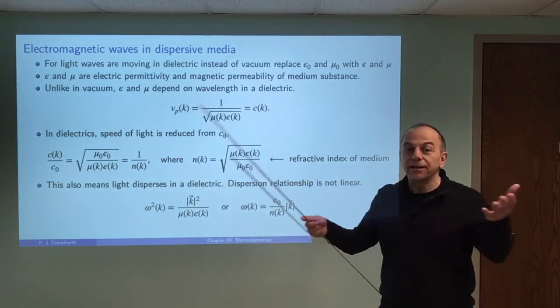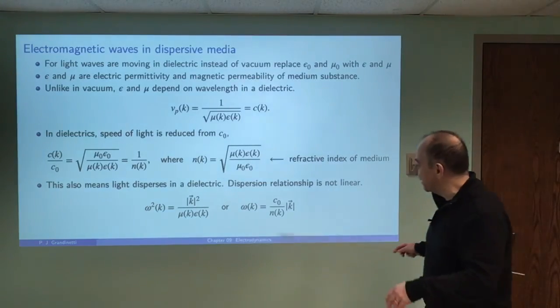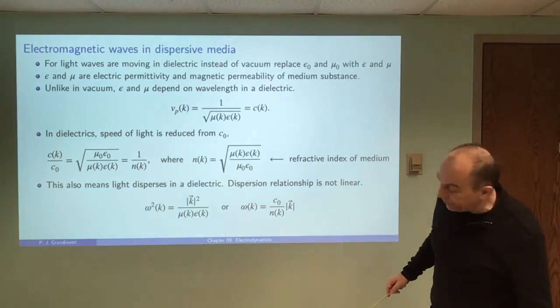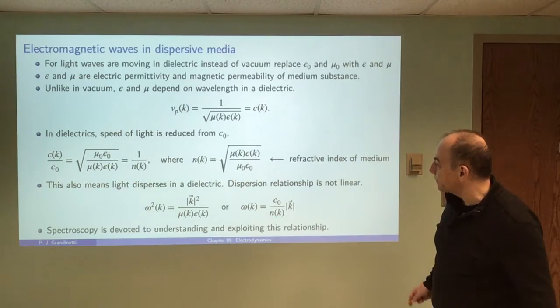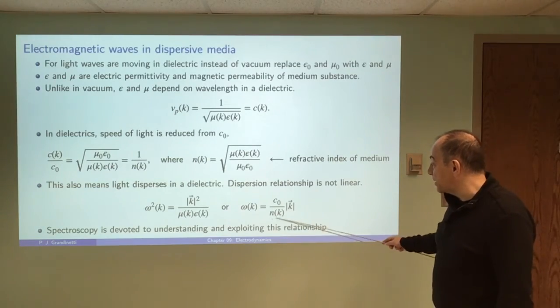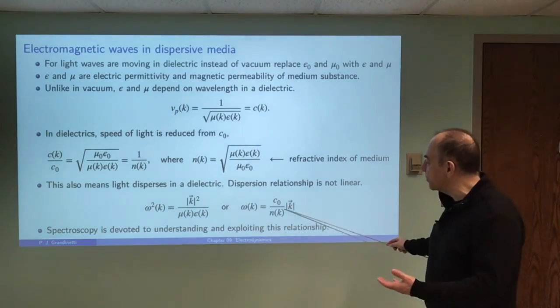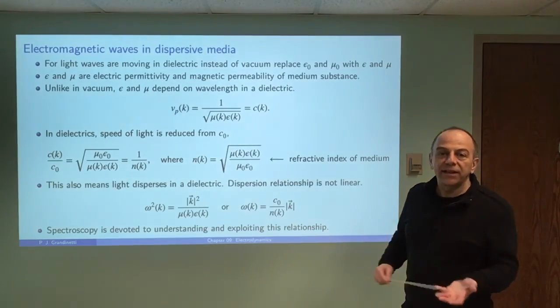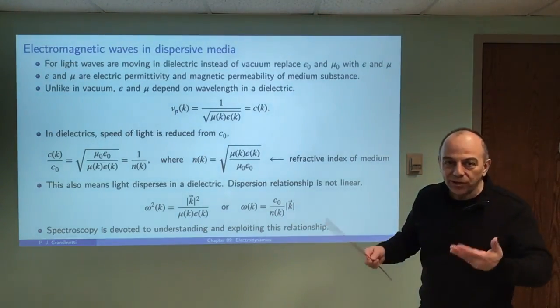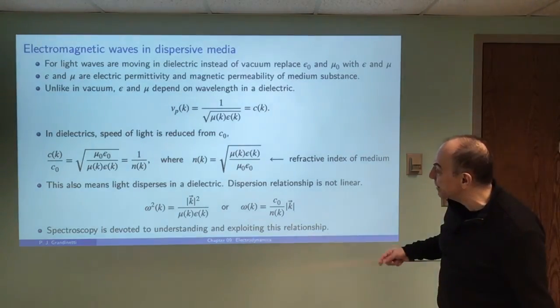This is why you see rainbows and the speed of light changing as a function of wavelength. Actually, this is the parameter that's central to spectroscopy. Understanding why the refractive index varies as a function of wavelength is really what spectroscopy is all about.